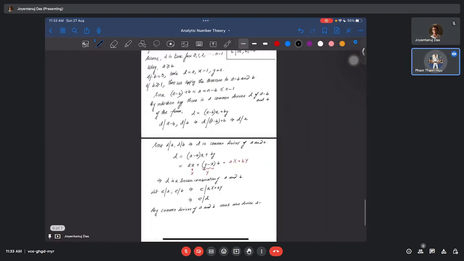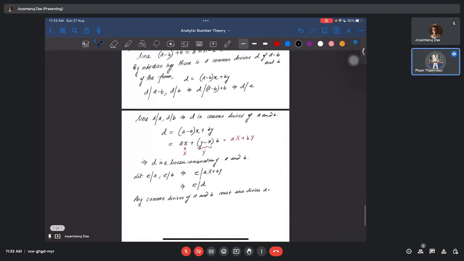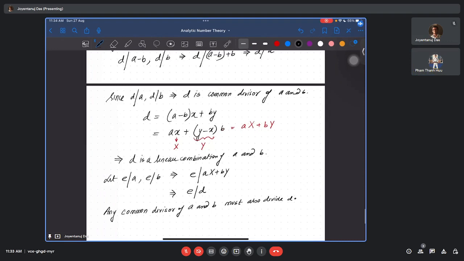A divides B. A X plus B Y. That's okay. But are the X and Y here the same or not the same as the X and Y above? We changed it, right? So this is capital X and capital Y. This is X new, and this I am taking as the capital Y.